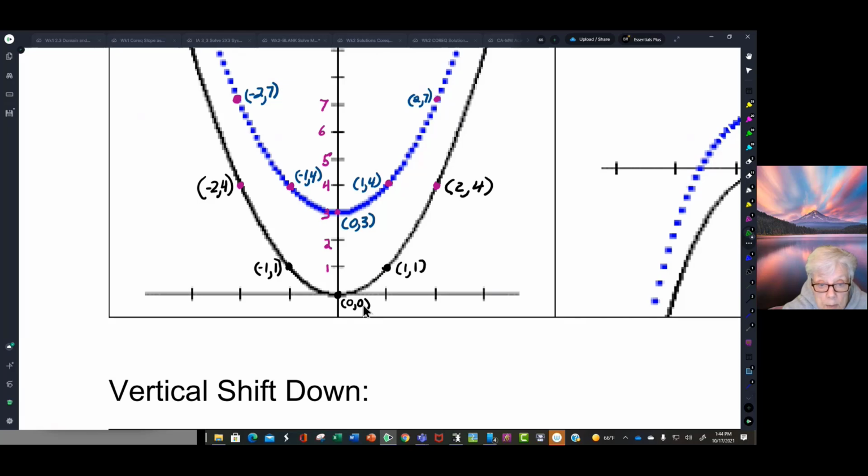Here we have 0, 0, but if you add 3 to 0, you get 3. Here's 1, 1. If you add 3 to this one, you'll get the point 1, 4. And with the point 2, 4, if you add 3 to 4, you get 7. So 2, 4 goes to 2, 7.